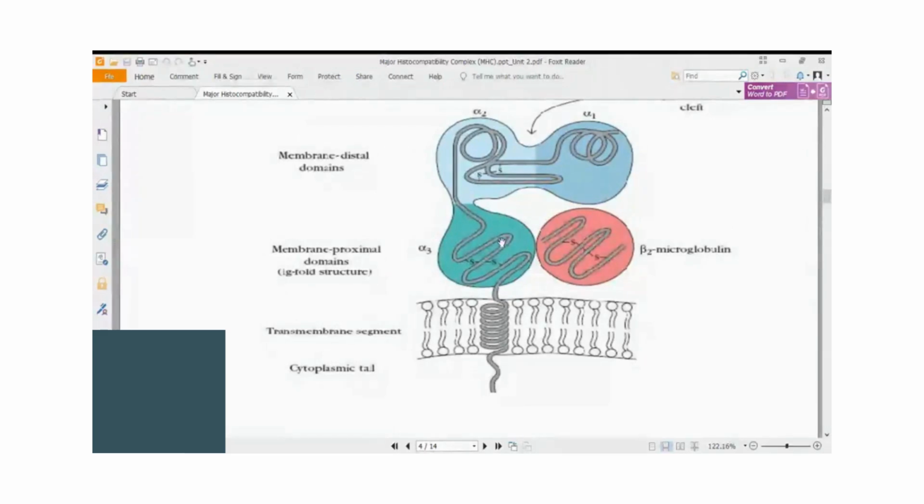It is observed that the alpha 3 domain is highly conserved, and it may be common in many of the class 1 MHC molecules expressed by different individuals.